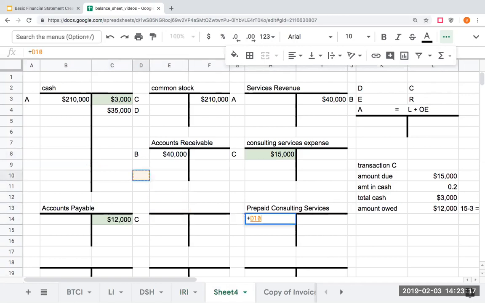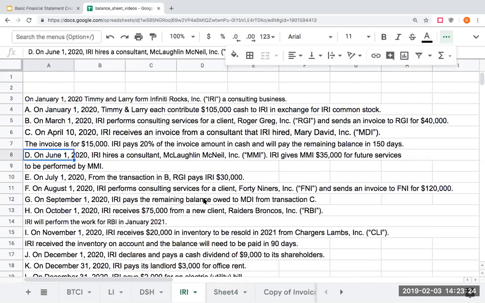And this is going to be here for $35,000. This is transaction D. Note, the language becomes really important as you go through and do these questions. I hired a consultant. I'm giving them 35 grand for future services that they will be performing. Okay, so that's letter D.